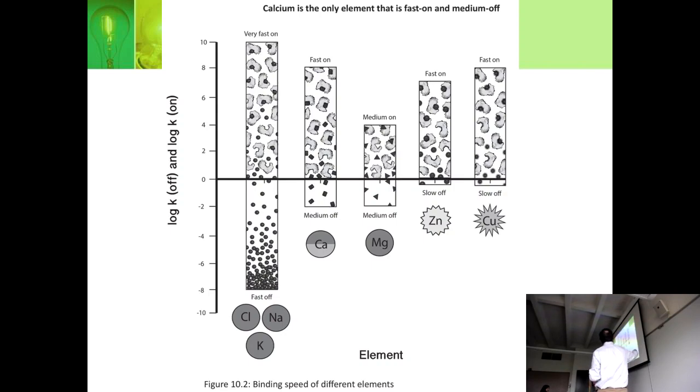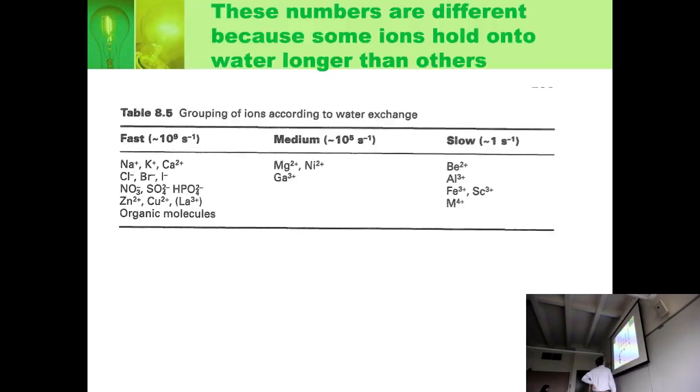These other are not really good for fast signaling in the brain. Now you can imagine that maybe if you had a different kind of brain signal where the medium off of calcium would be okay, that would be used. But you wouldn't want to use copper for brain signaling. You'd want to use it for catalysis, but not signaling.